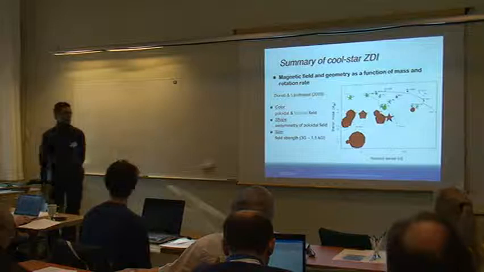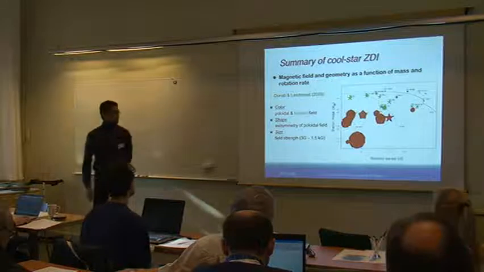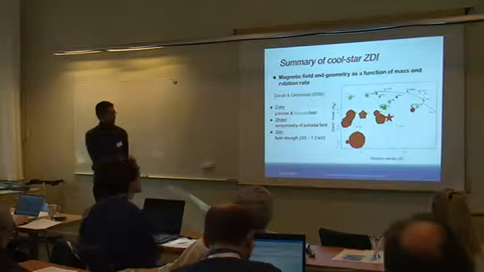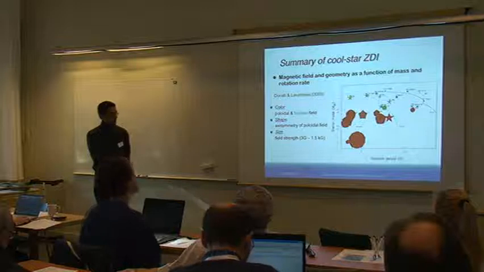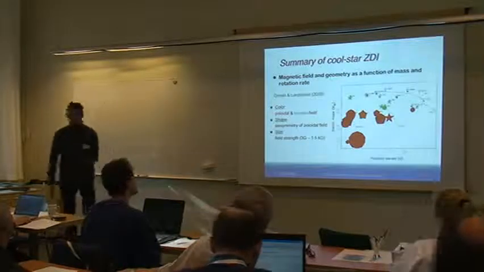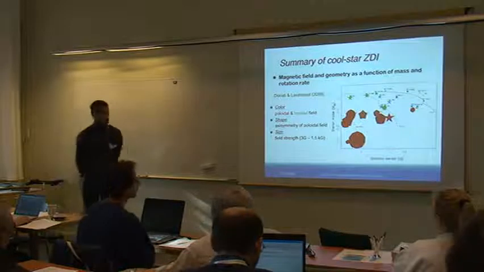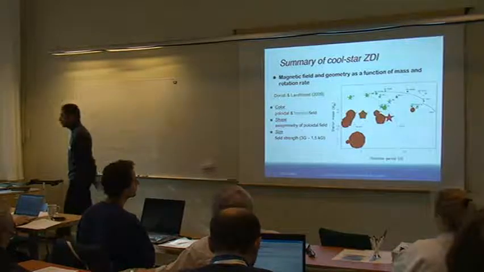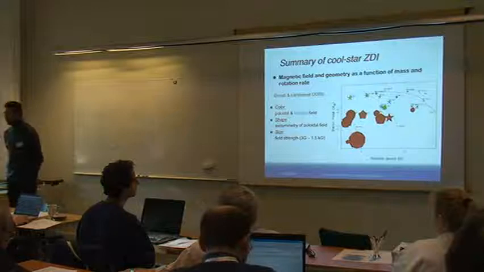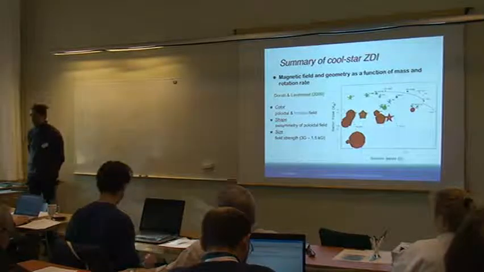Well, this is a purely observational diagram. Actually, I believe the Rossby numbers are indicated by the dashed line, so there is some of the information that you wanted. But there is definitely a correlation between mass and B minus V, so that's almost the same thing.